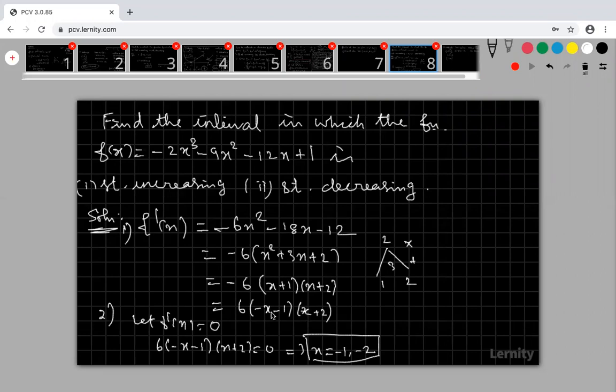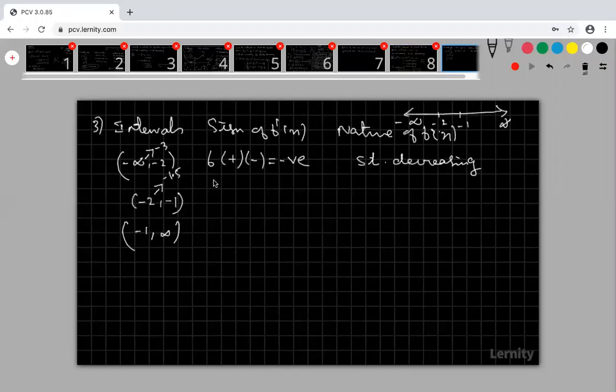I am applying x equal to minus 1.5: minus into minus plus 1.5 minus 1 is plus 0.5. Here minus 1.5 plus 2, again I will get plus 0.5. So my 6 into the first term is also positive. Positive means strictly increasing.